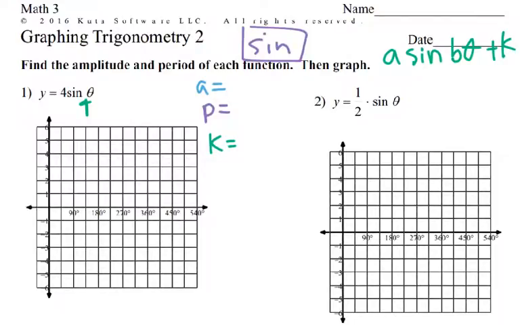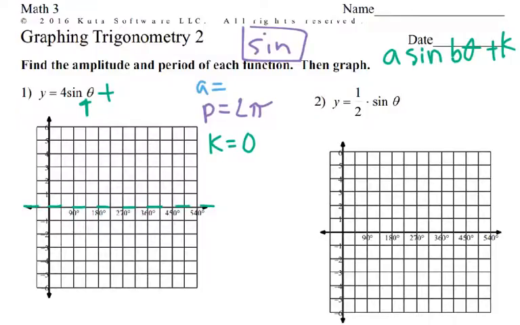No, so it's 1, so our period is 2 pi. Do we have a number being added here? No, so it's 0. So our midline we know is right here on the x-axis. Our period is going to be 2 pi.